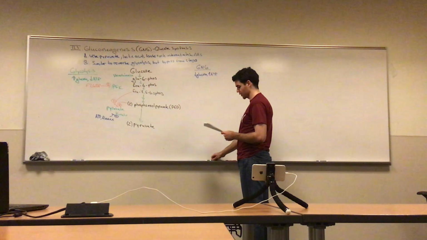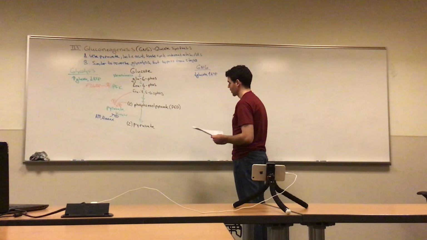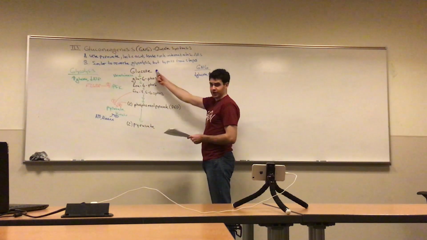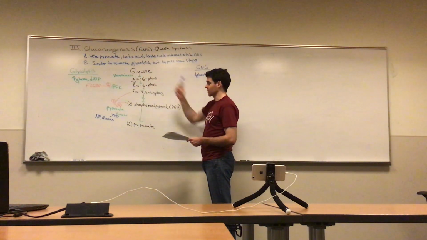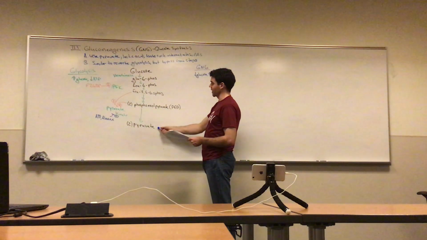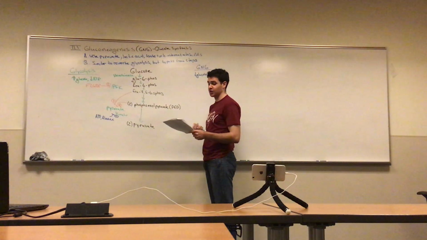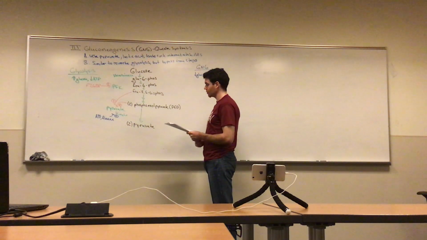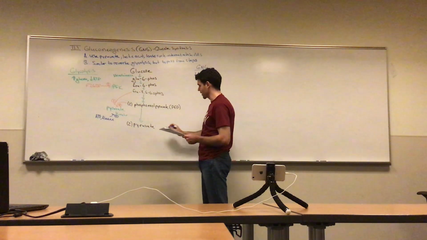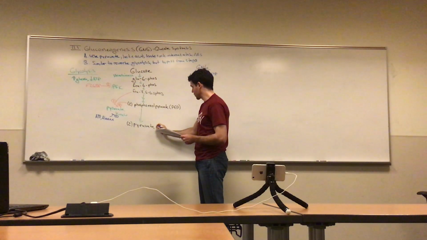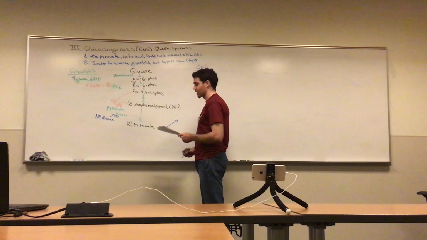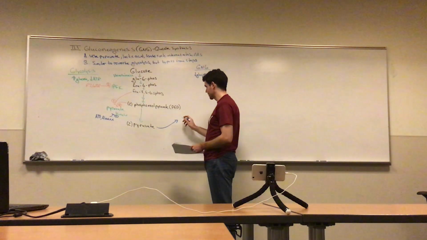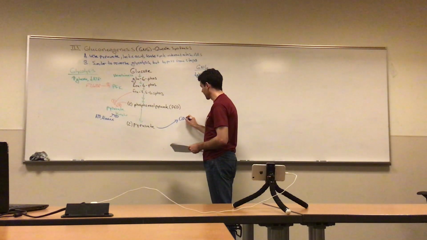Okay, now for gluconeogenesis. In gluconeogenesis, we're going in the reverse direction, right? We want to get to glucose. So first, we have pyruvate to phosphoenolpyruvate. That doesn't work for us, so we have to bypass that. So we go from pyruvate to the Krebs cycle intermediate, oxaloacetate, or OAA.